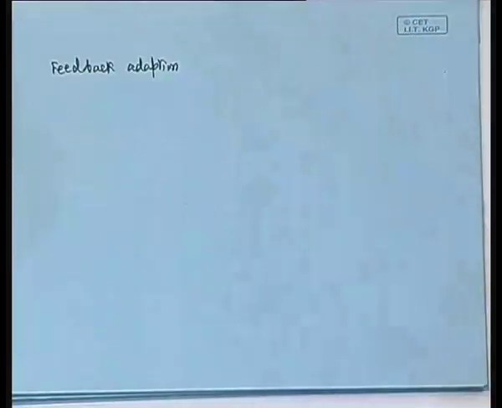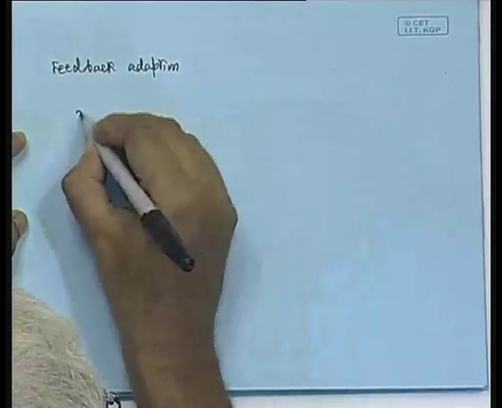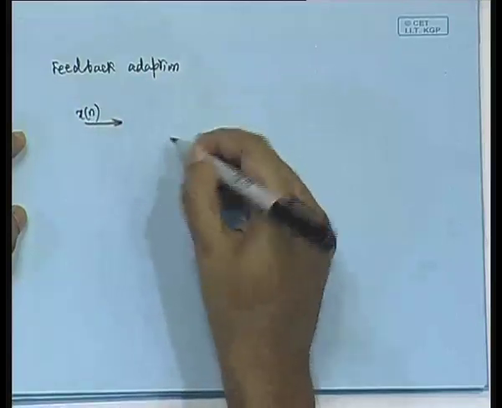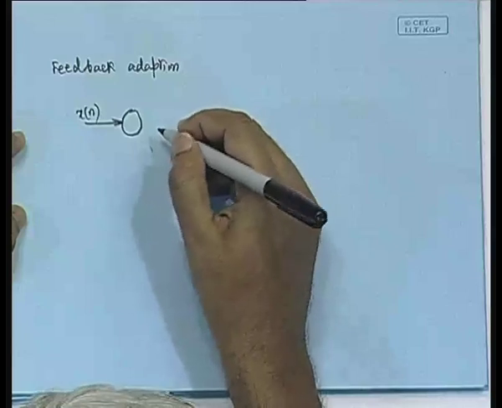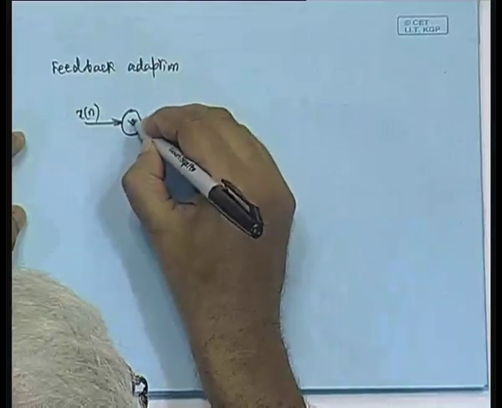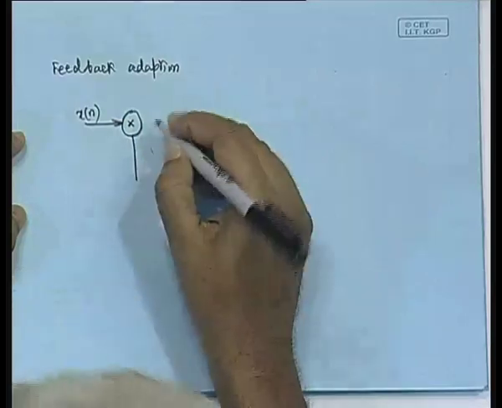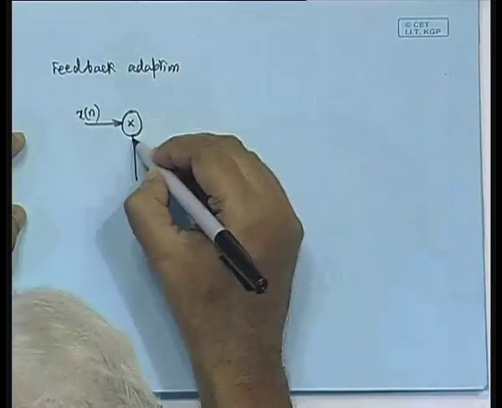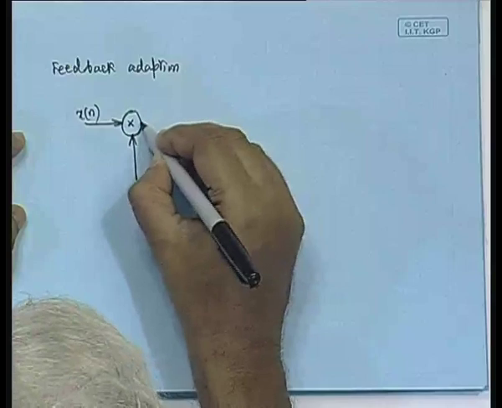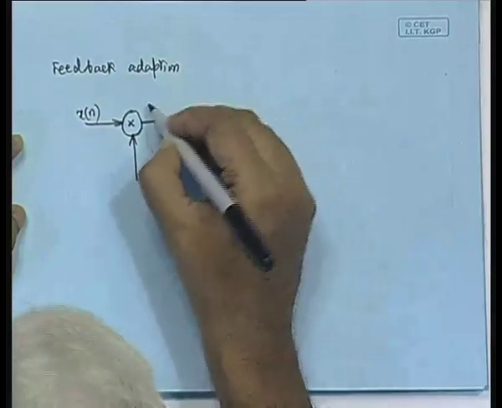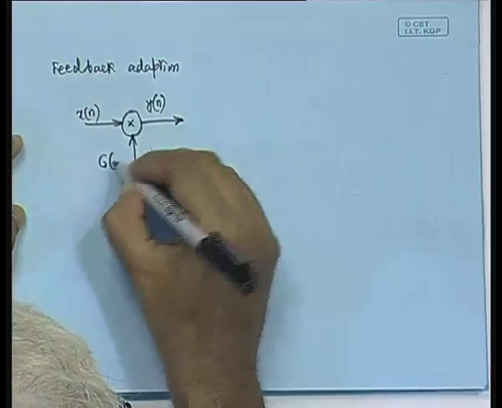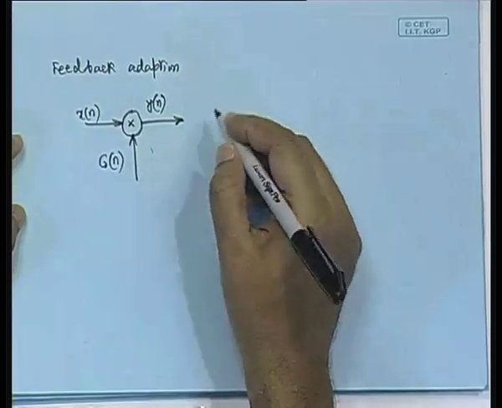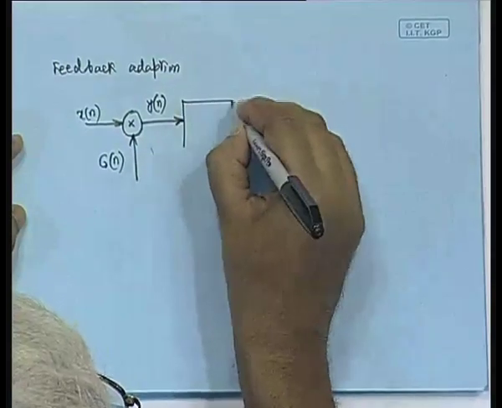So, the feedback adaptation block diagram would look like this. Here we will have x of n, the samples, and now we are going to have a multiplier. If we are adopting gain adaptation, then the block would look like this: x of n, which we multiply by the gain which we call g of n, and this is quantized.